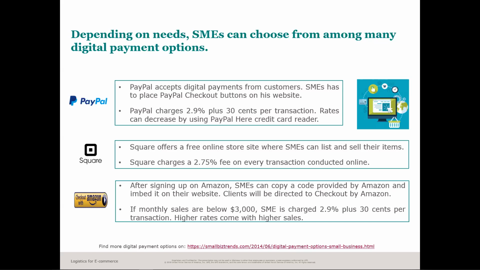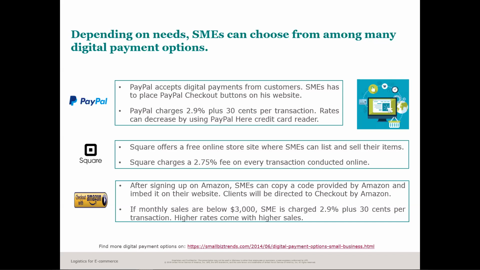One example is PayPal. PayPal is the industry standard for accepting digital payments from your customers. Through PayPal, you will have the ability to place your PayPal checkout buttons on your website. This is a form where customers feel comfortable, can go through it, make a payment, and be able to transact easily when going through the experience of buying in your business.